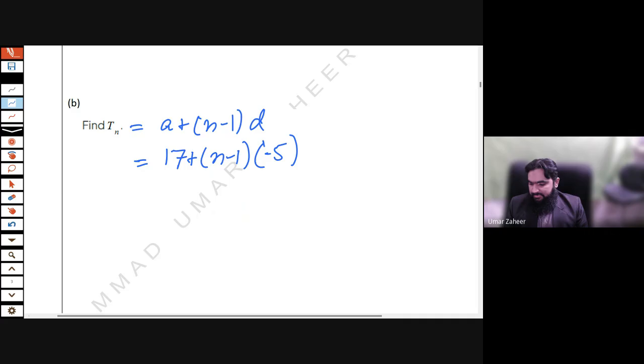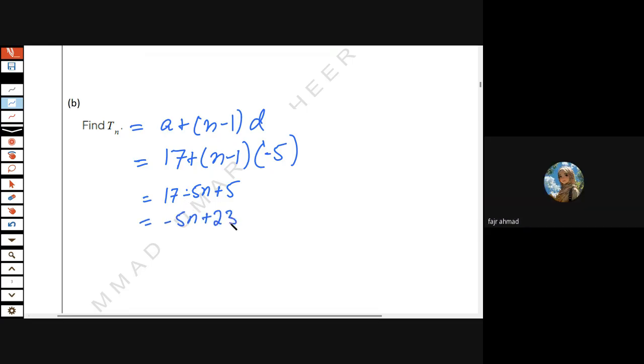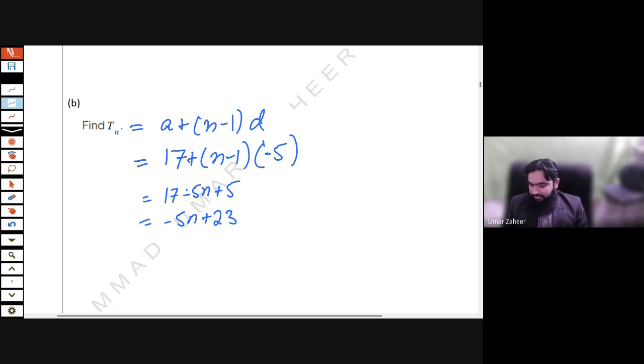All right, let's see how to simplify. It is 17 minus 5n plus 5, because minus times minus is plus, so 17 plus 5, 22, minus 5n.